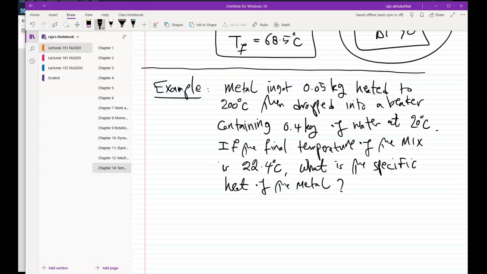Remember I told you the specific heat is unique for any substance, so we can actually identify the metal from that specific heat.